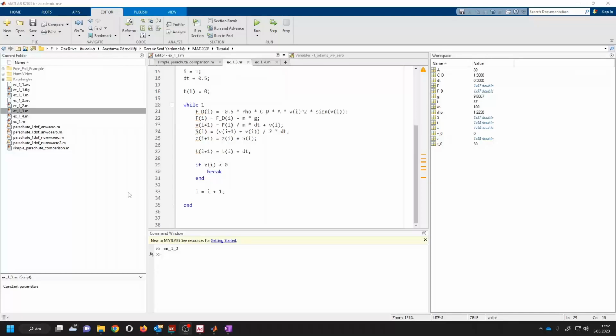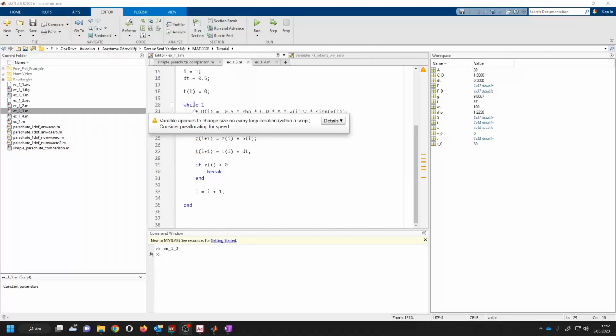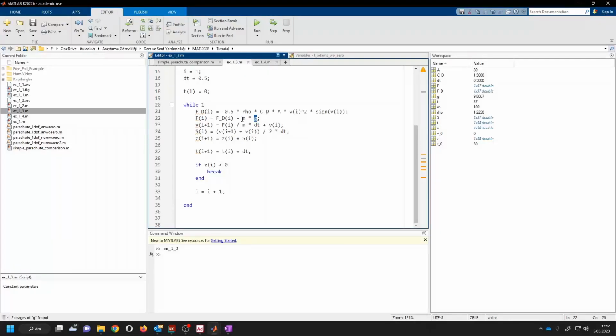Now we are in part 4. You may have noticed that I can calculate or dictate every variable that is making up my solution inside my while loop here. I can change my air density in every time step, my coefficient of drag, my projectional area, my gravitational acceleration value, my mass value in every time step.